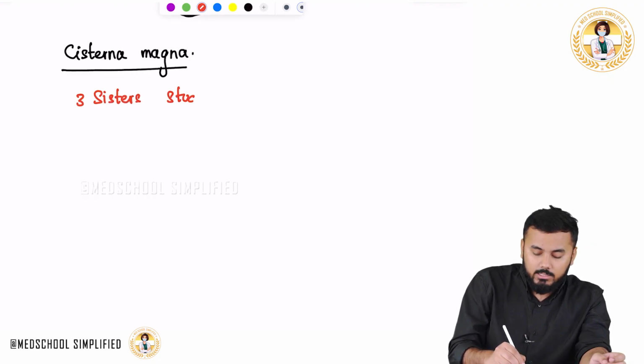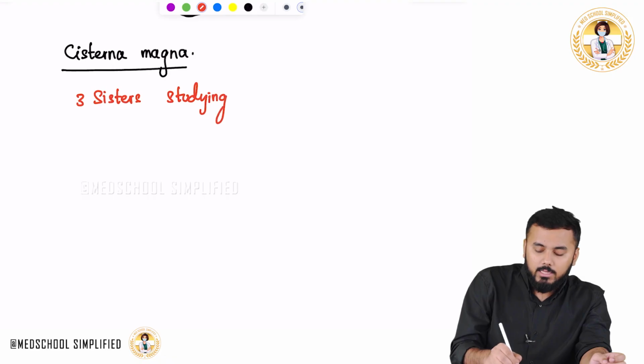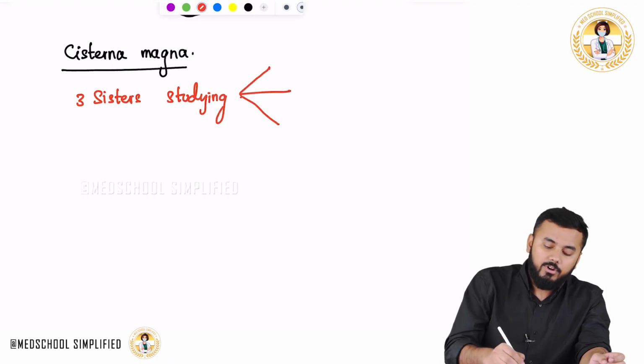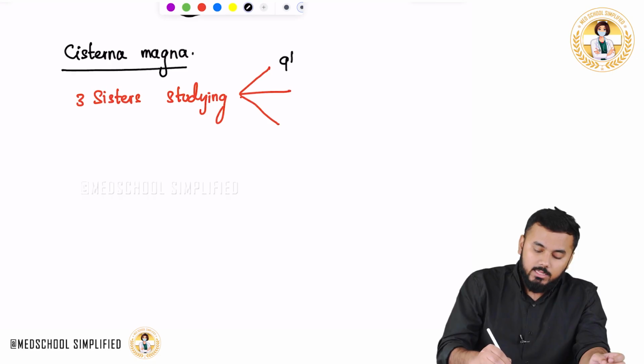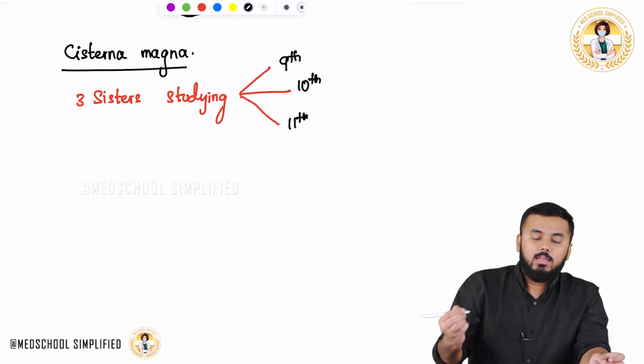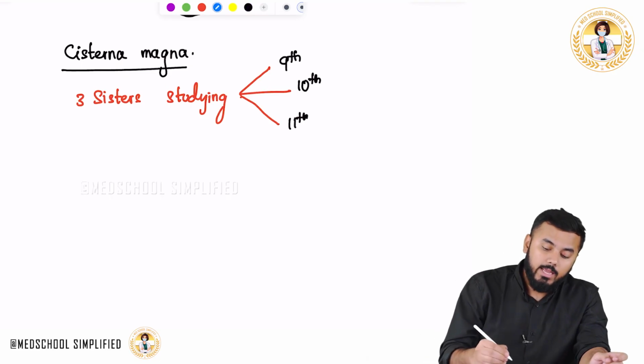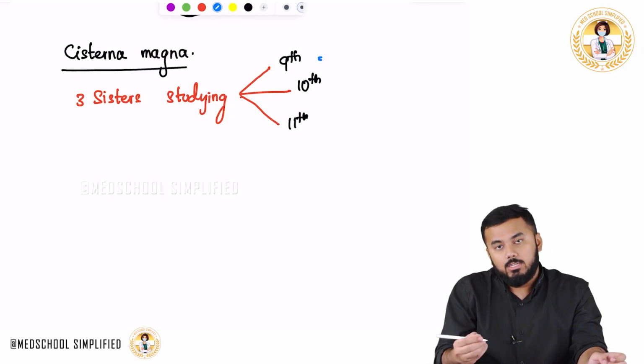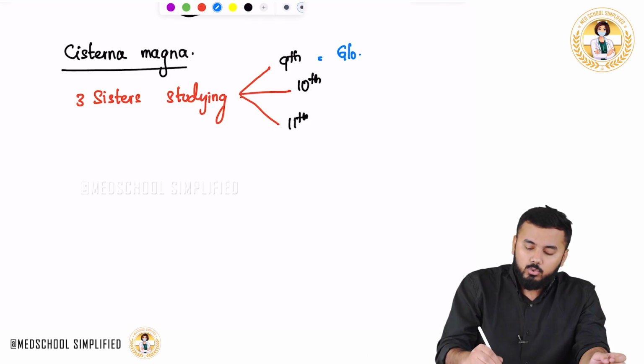Cisterna in the sense of three sisters. They are studying in three different classes. For example, one is studying in the 9th class, one in the 10th class, and one in the 11th class. What do you mean by 9th? Which nerve? That would be the glossopharyngeal nerve.